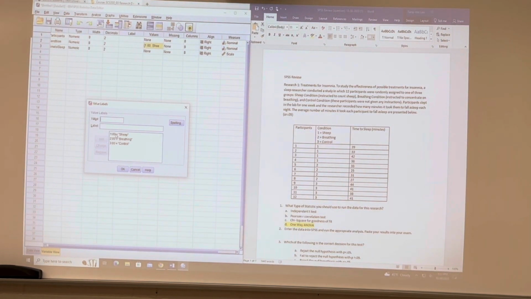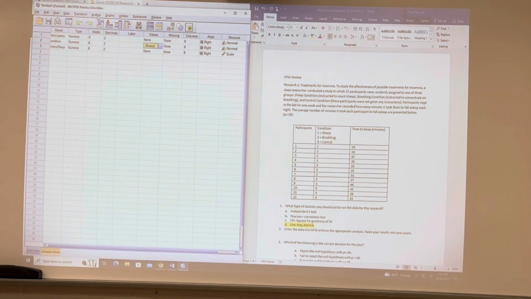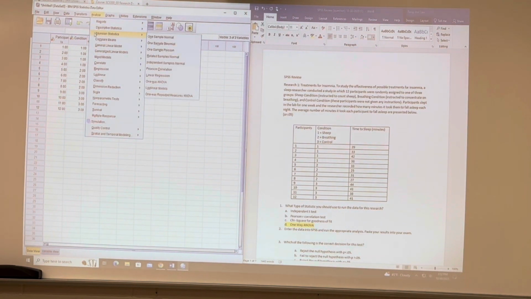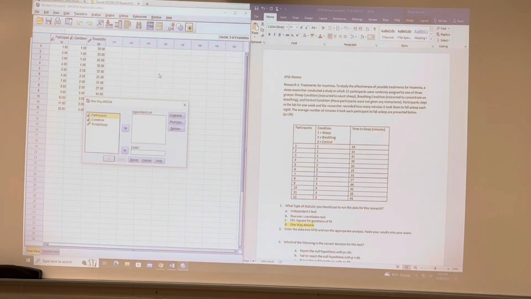Okay, so let's run it. It's a one-way ANOVA, right? So go to Compare Means, one-way ANOVA. Put condition under the factor box, because that's the factor.